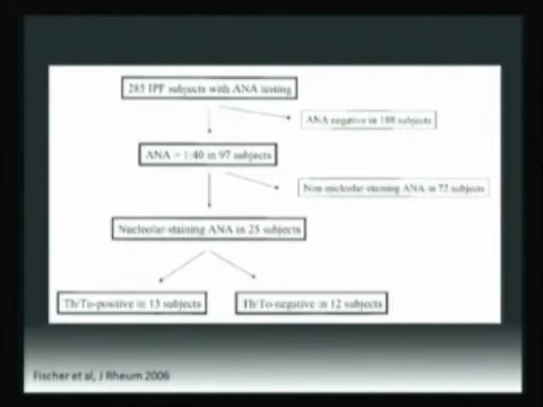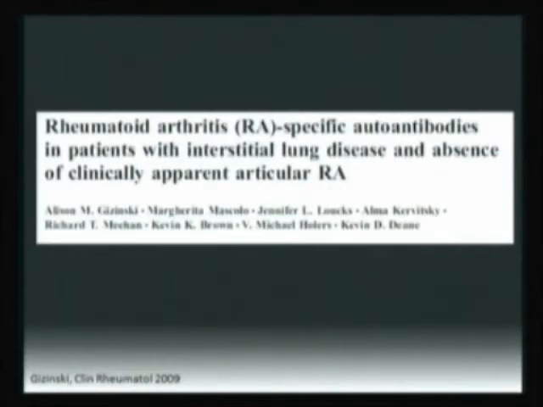So that means that all of these tests may be useful, but they are sometimes completely non-specific. And this is a study published in 2009 on specific antibodies against rheumatoid arthritis in patients with ILD, again showing that these autoantibodies can be quite non-specific in the clinical practice of patients.